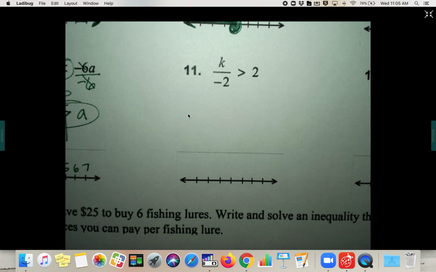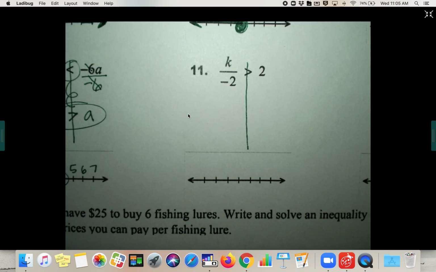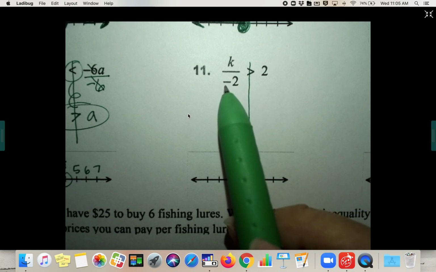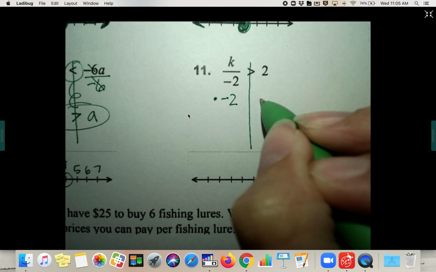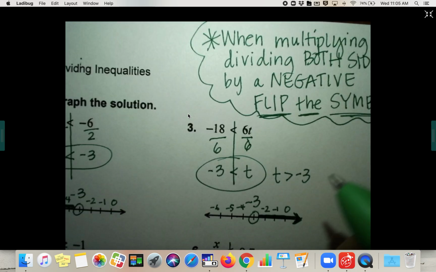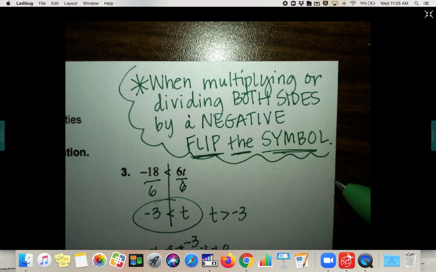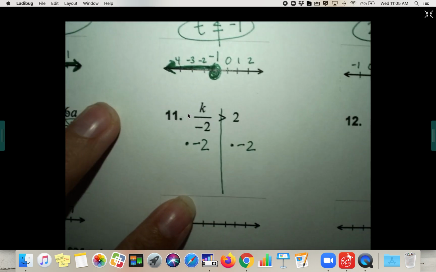All right, number 11 is different than ones we've done so far. K is being this time divided by a negative, so we are going to multiply by a negative. So our same rule applies that you wrote up here at the top to hopefully lock this in your memory. When dividing or multiplying by a negative, you flip that symbol.